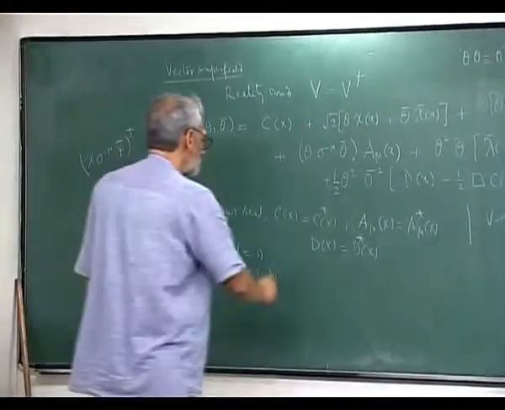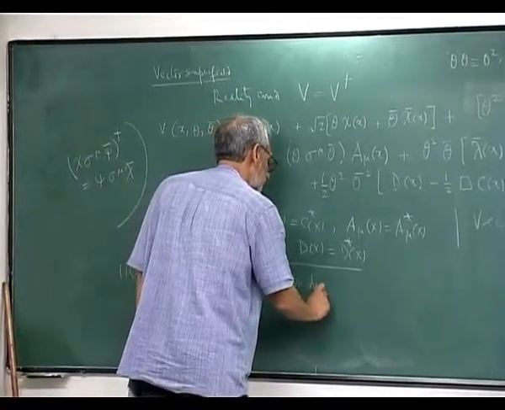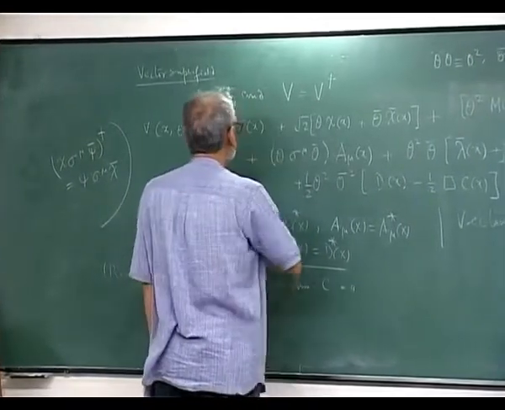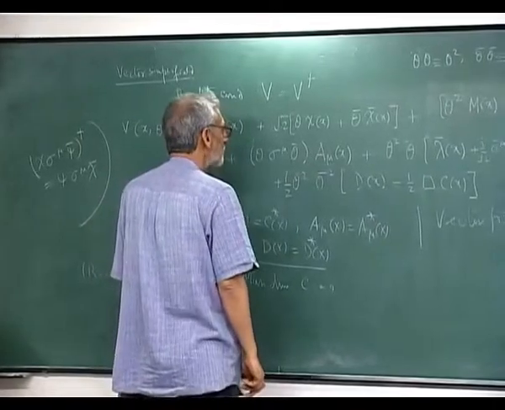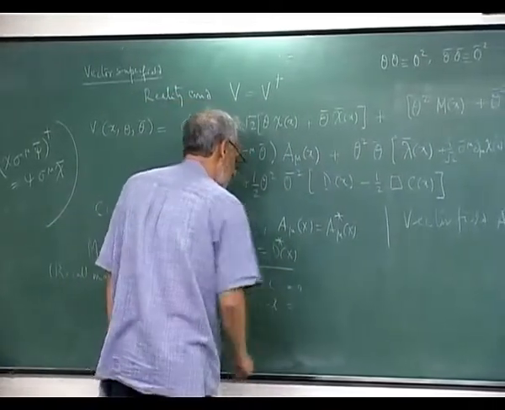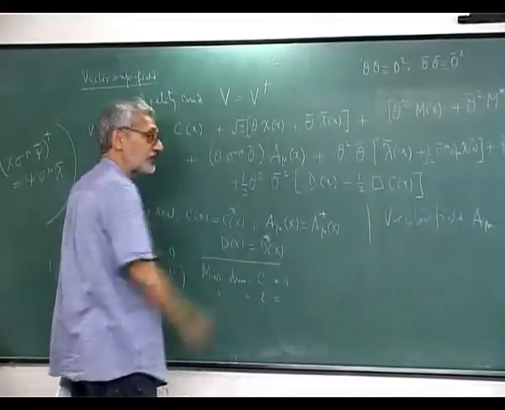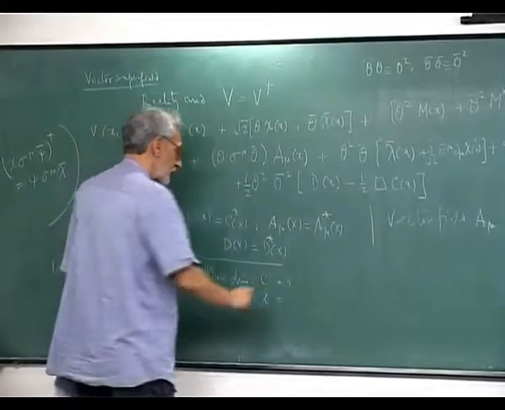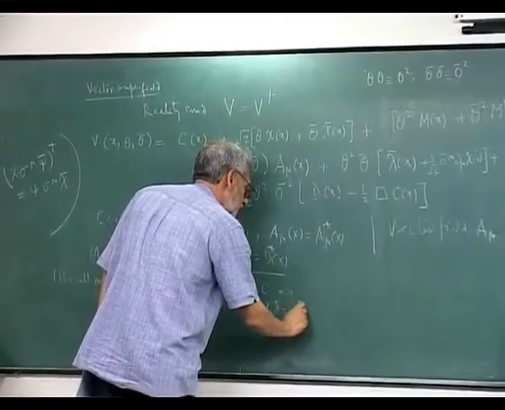That would make the mass dimension of the C field 0 because this is 0. The mass dimension of chi, since theta is -1/2, chi would be 1/2. So chi and chi bar both would be +1/2.